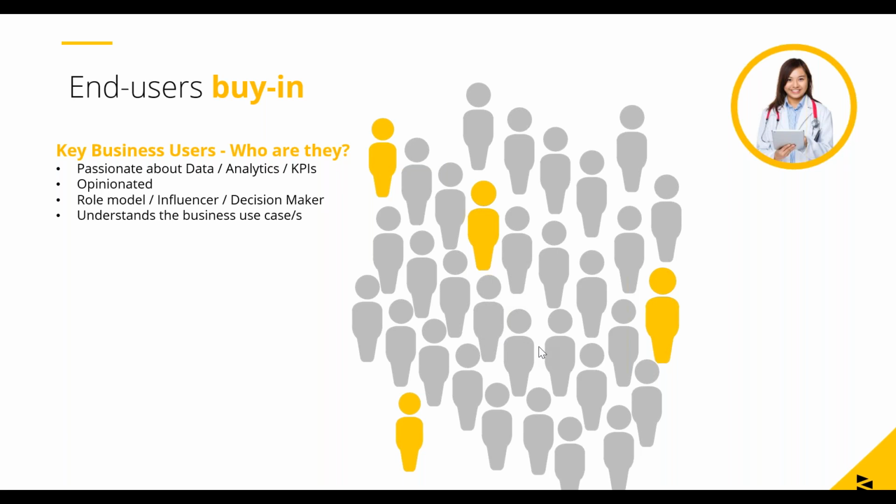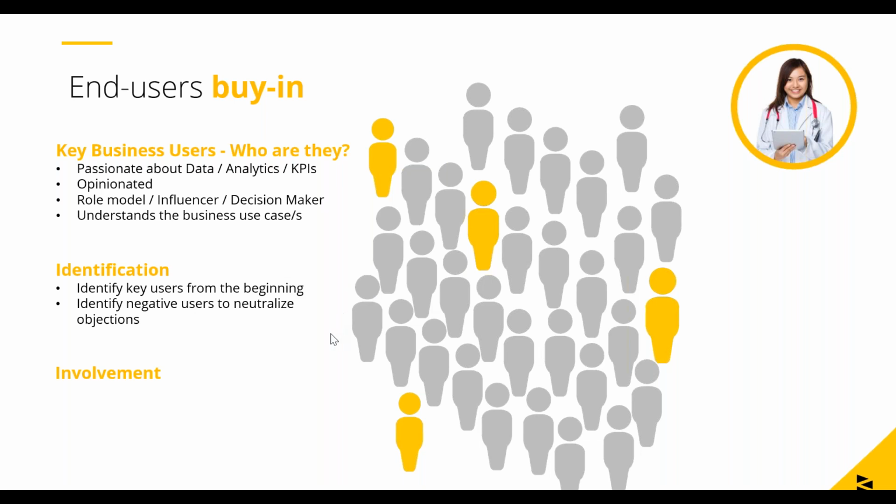So now that we understand who the key business users are, let's talk about when we need to identify them and how we are going to involve them in the BI project. First of all, we need to identify them from the very beginning. When we start to collect the requirements, we need to make sure our key end users are part of that and they are giving their blessing to the requirements.